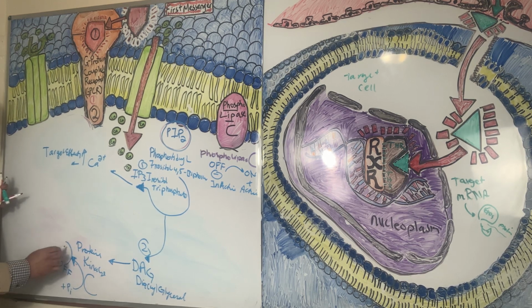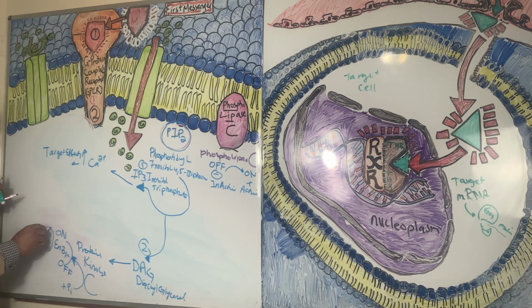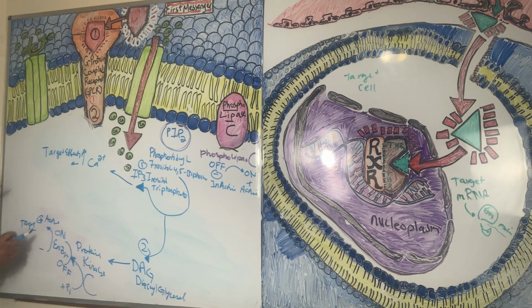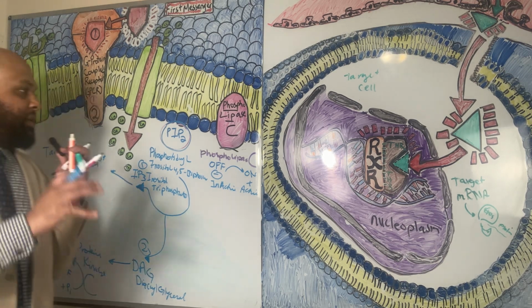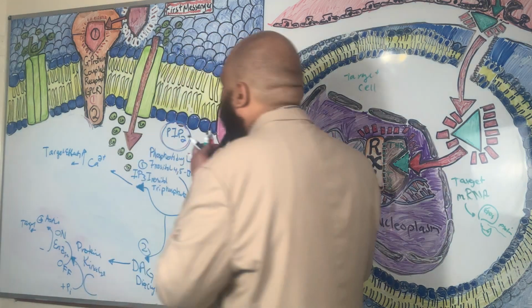So now the enzyme is going to be turned on because this phosphate group is going to turn this phosphorylated enzyme from off into on, from inactive into active, and from not working into working, and that will give us our target effects in question. So these are the two different systems utilized.